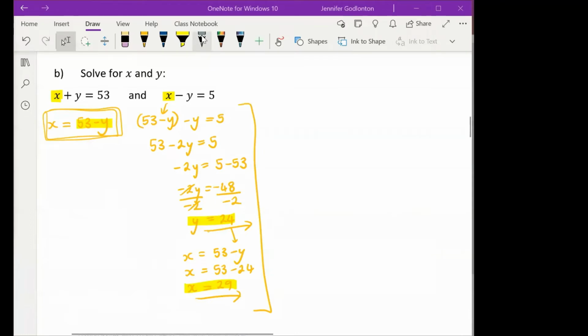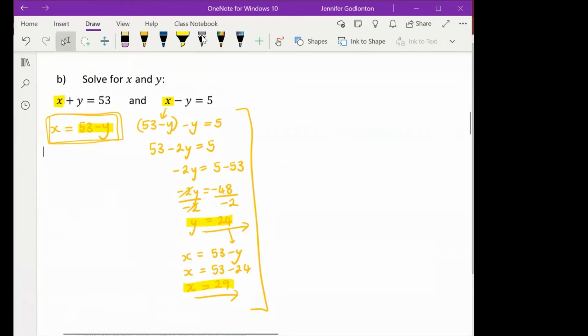Okay, guys. The second way we're going to go through is the elimination method. So we're going to go through this exact same question, but with elimination. So now focus super hard in case you were unclear on how to do it in the last one. My first equation that I have is x plus y is equal to 53. And then I've got x minus y is equal to 5.